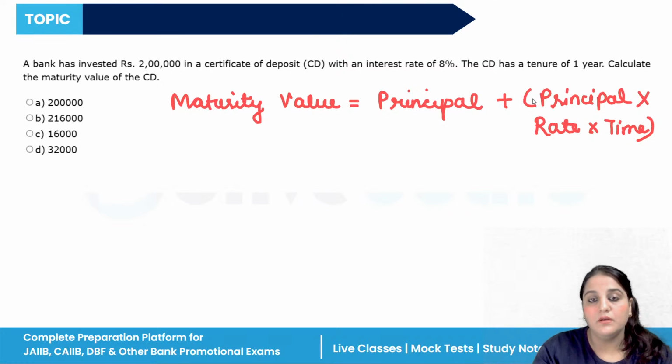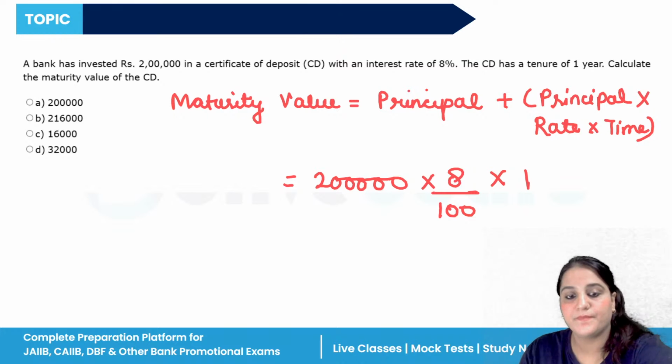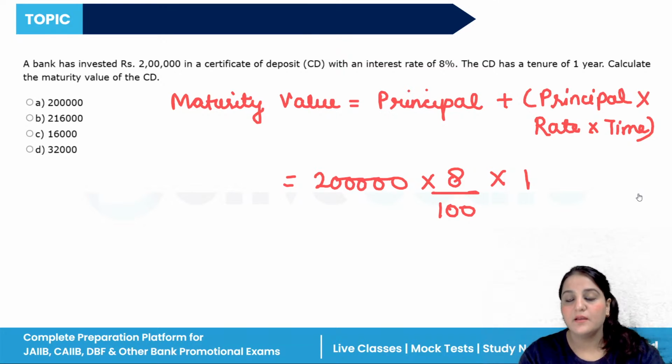So here 2 lakh is the principal amount, 8% is the rate and the time is given as 1 year. Correct?